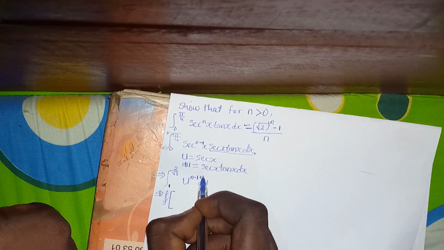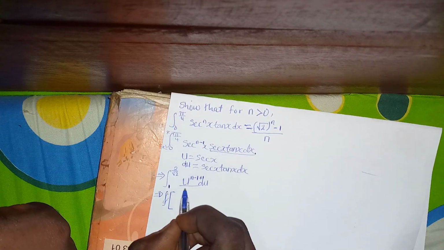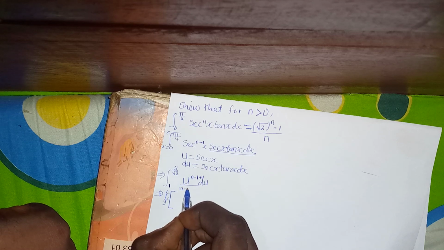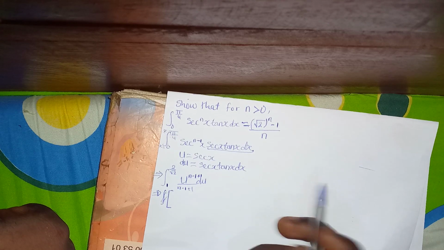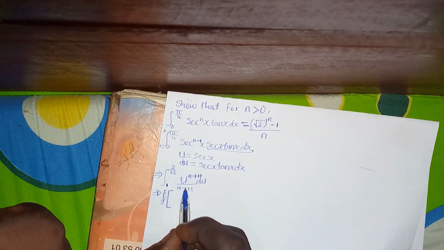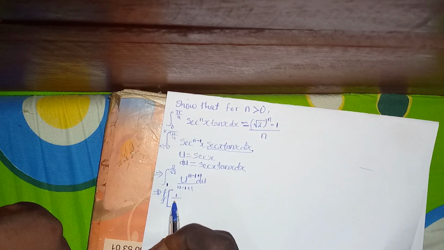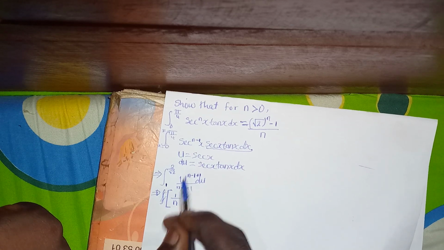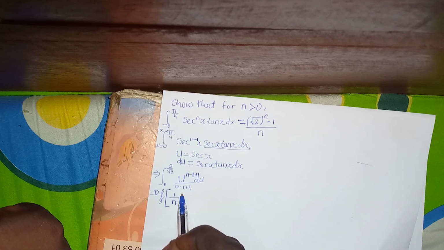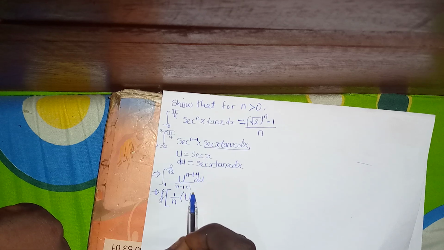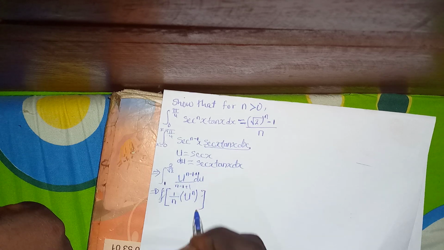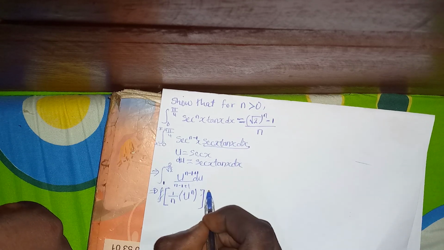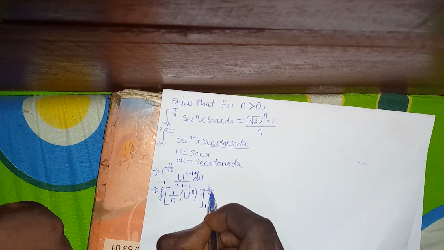We add 1 to the power and we divide by the new power, which is n minus 1 plus 1. What's n minus 1 plus 1? It's just n, right? So we're now going to have 1 over n, then here u raised to the power n. That's good. And the limits are from 1 to 2 over root 2.